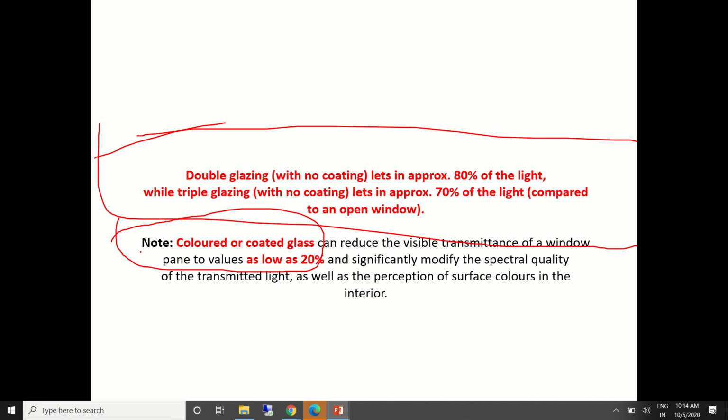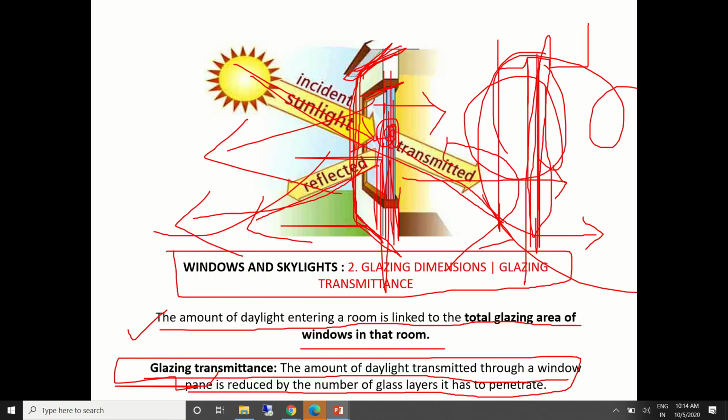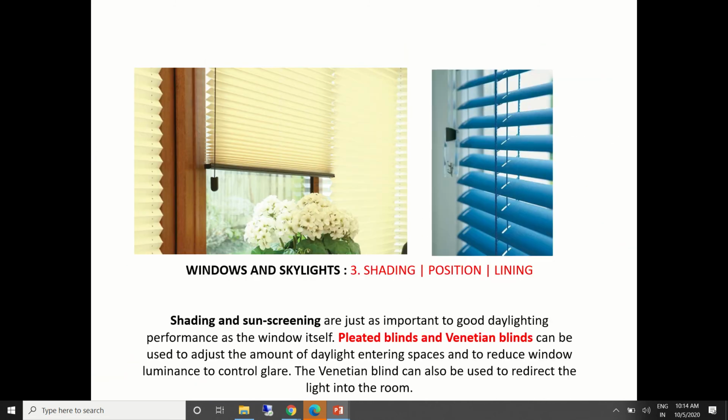It reduces the light intensity by 20% if we are using colored or coated glasses. So appropriate use of materials is important.